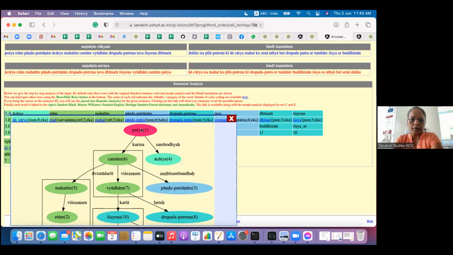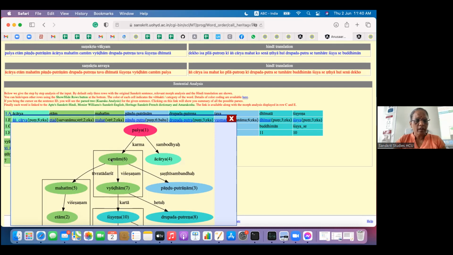Pashya means to look or observe. And he is asking the Acharya, that is the teacher, to observe something. Acharya Pashya. Chamu is the army. So look at this army.